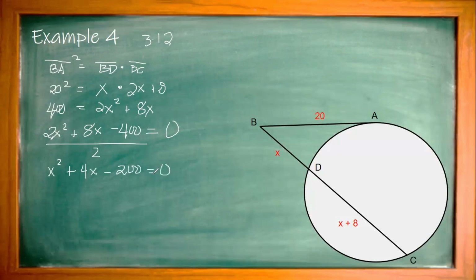Now, if you try to get the factors of that one, the item cannot be directly factored into whole numbers. But we can use another way, the quadratic formula. We can get the value of this item using the quadratic formula.